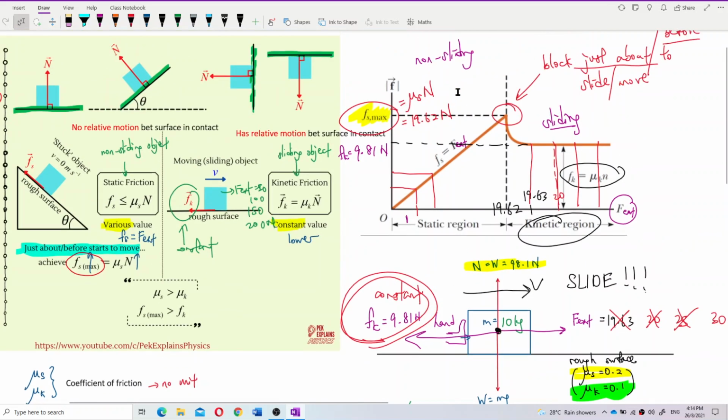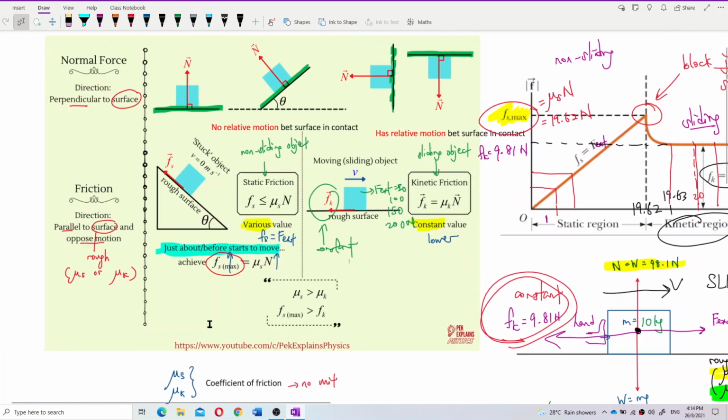I'm not talking about the static friction before the maximum, which is definitely lower than the kinetic friction. The maximum static friction is always bigger than the kinetic friction after sliding.